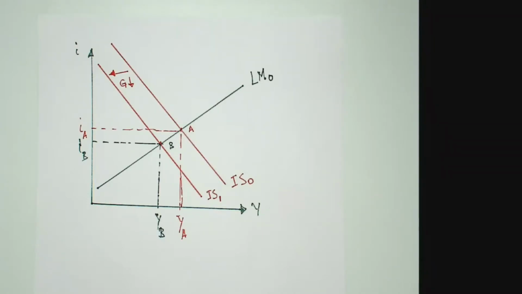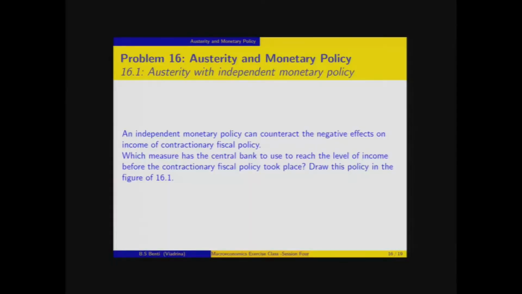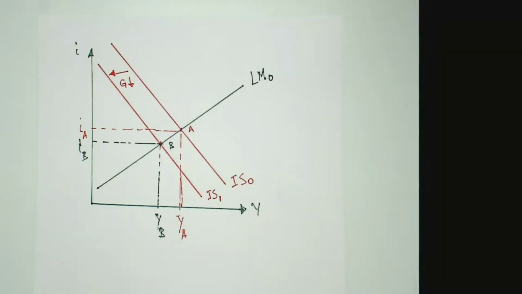So the central bank should take a countermeasure. In 16.2, the problem set asks which measure the central bank has to use to reach the level of income before the contractionary fiscal policy took place, and to draw this policy in the figure we have just seen in 16.1.